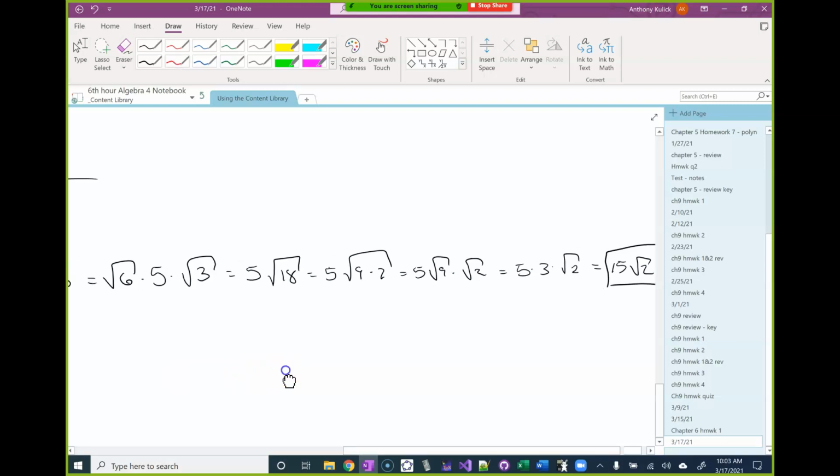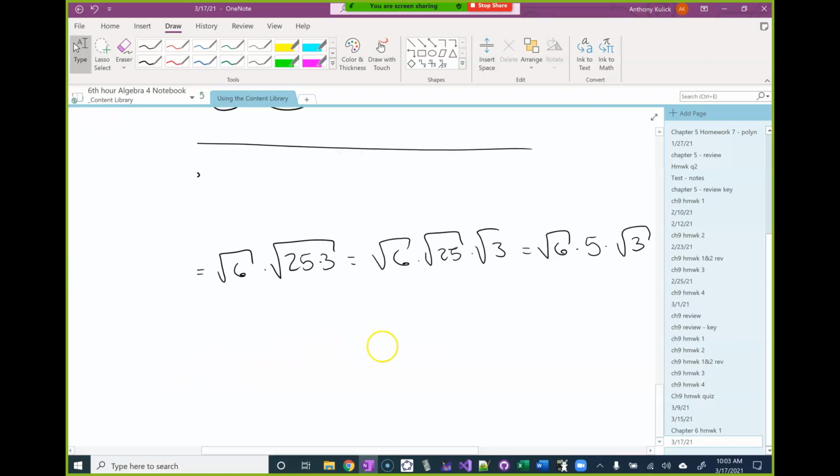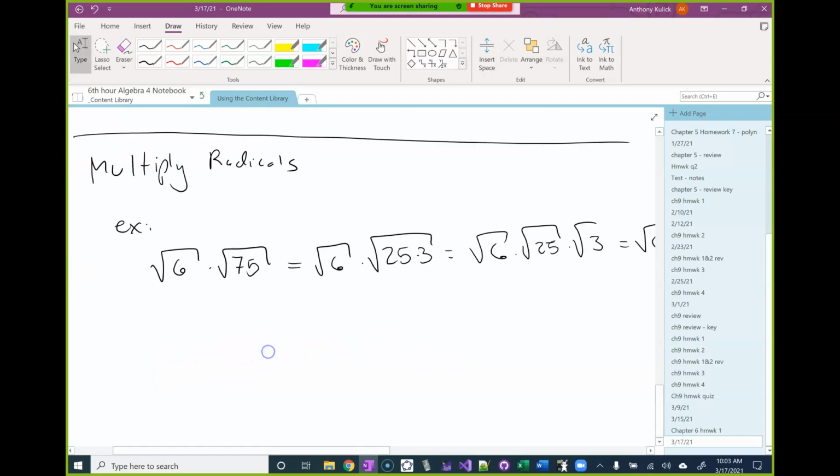Okay. And now we can either, if we notice any perfect squares, we can use that, or we can go through the prime factorization. Does anybody notice a perfect square here? 25, okay. And the other part of it is 18, I believe.